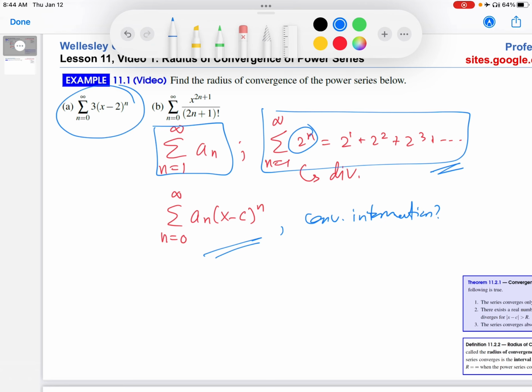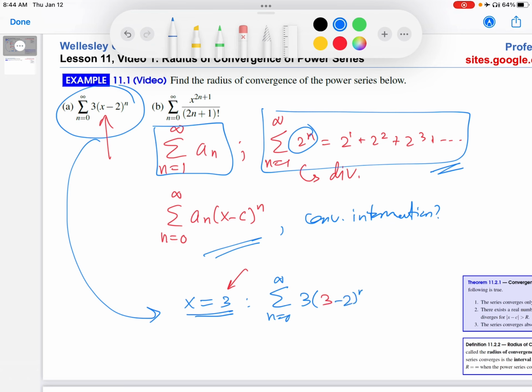And actually, I'm going to go back to the example that we're going to do here, and I'm just going to illustrate that real quick. Long story short, the convergence or divergence of a power series depends on the x value that you substitute into it. So let's take a look, for example, at what happens if I put x equals 3 into this power series. It'll be 3 minus 2 to the n.